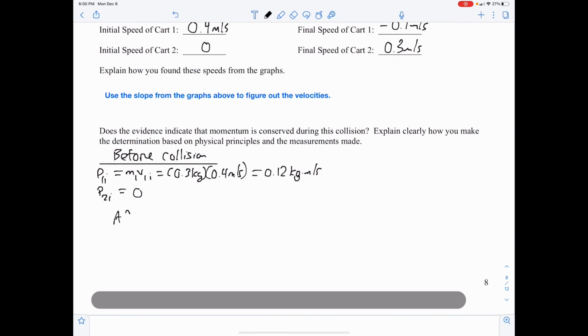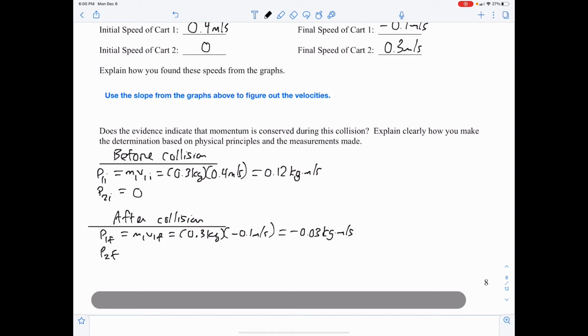Well, after collision, P1 final is m1 v1 final, and that one's going to be 0.3 kilograms times the negative 0.1 meters per second. So that would be negative 0.03 kilograms meters per second.